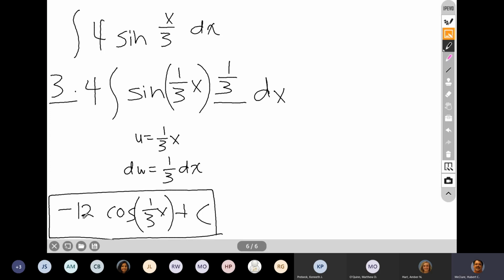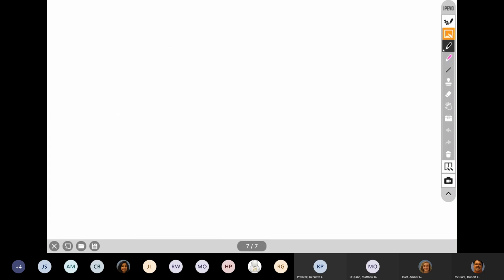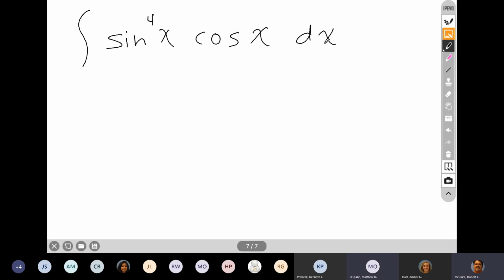All right, here's your challenge. Antiderivative of sine 4x cosine of x dx. Now this is what you're heading toward with second calculus.